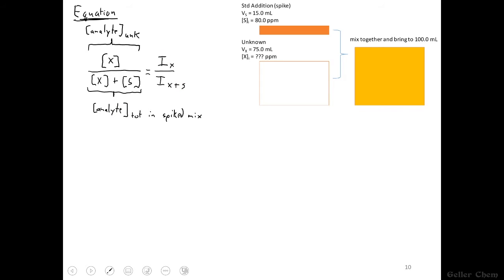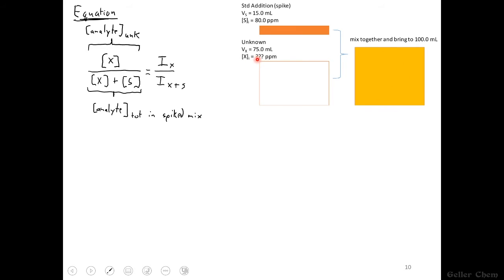Now, one very important consideration to take into account is that whatever these initial concentrations of our standard and unknown are, well, they're about to both be diluted because we are mixing these two together to give a larger volume of solution. So the contribution of analyte from the standard will be lower than 80 ppm in the larger volume.